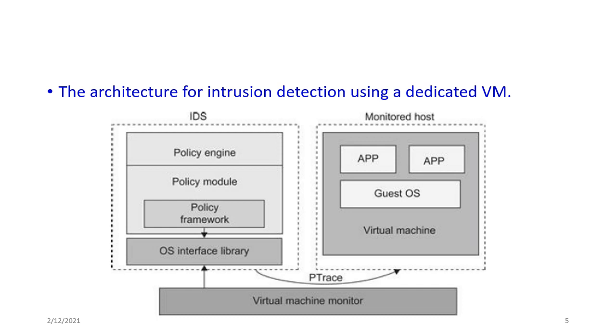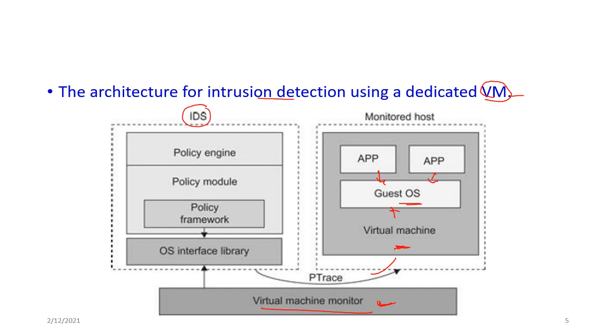And this is the architecture for an intrusion reduction system using the dedicated virtual machine. In this diagram we have the virtual machine monitor. In this virtual machine monitor we have one virtual machine which contains a guest OS and its own applications that run on this guest OS. Apart from this virtual machine we have the IDS.